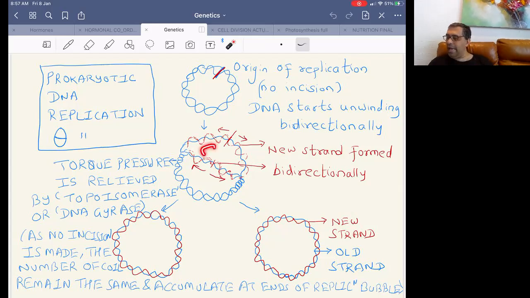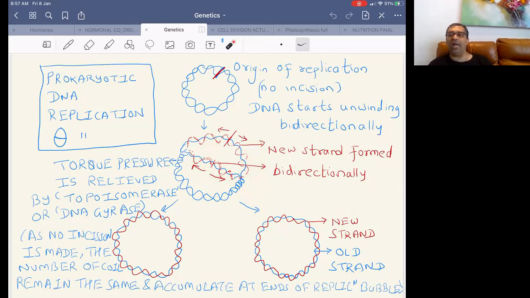So, ये है lot of rotational pressure. Incision is made here. Now, this strand is here, but the other strand will start moving in the opposite direction. Opposite direction में strand starts rotating in the opposite direction and release the torque pressure.